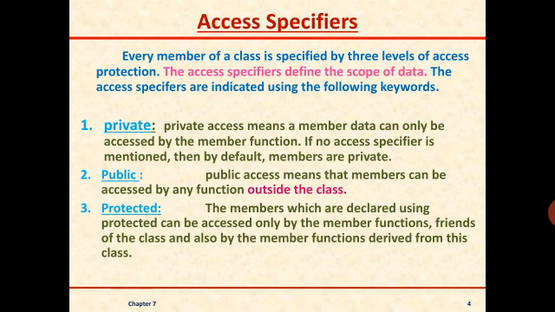In that case, as well as in the case of friend functions, we will be using the protected access specifier. So a 1 mark question will be asked: name the access specifiers. We must remember that in C++ we have 3 different access specifiers, that is private, public and protected.